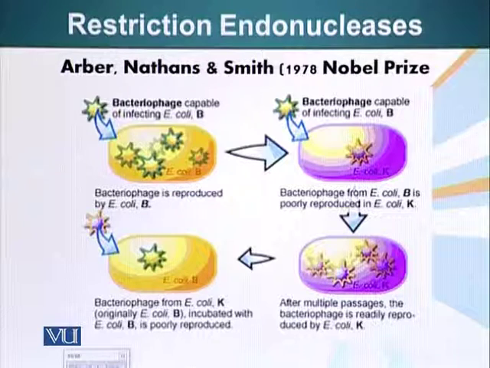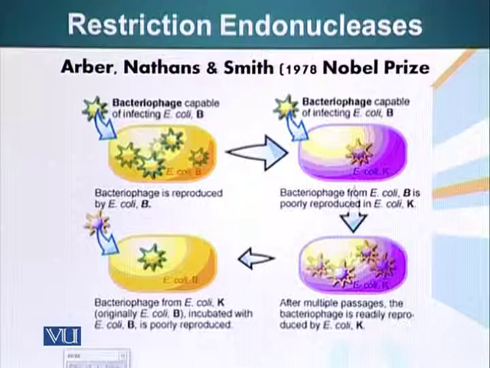When the same virus, which was originally taken from E. coli B strain and was then grown in E. coli K strain, initially it was difficult, but later on, the bacteriophage adapted to E. coli K. They took that bacteriophage and tried to infect E. coli B again.